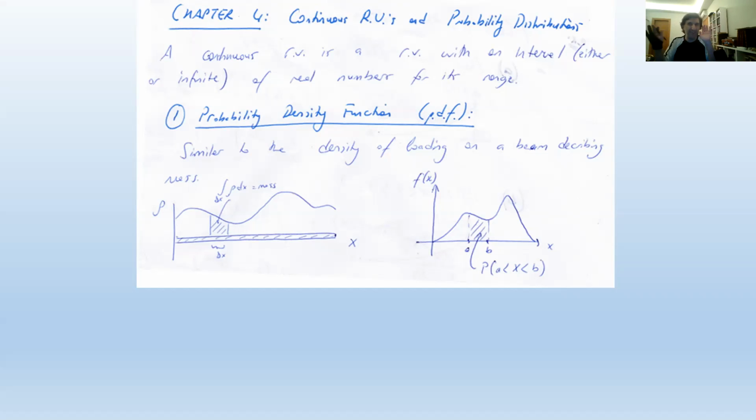We have not talked about chemical engineering up to this point, but from this point on, we may talk about a couple of examples or relations with chemical engineering. What is measured during a process usually consists of continuous random variables.